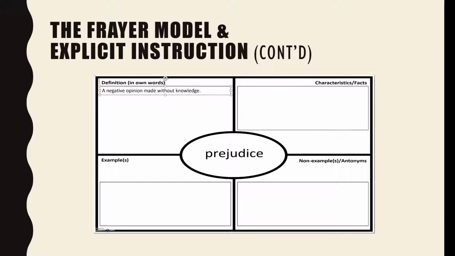Good. A negative opinion made without knowledge. Very good. So now we'll move over to the next box, and here we list out characteristics and facts about prejudice. Now that you have a definition in your own words, can you come up with some words or phrases that you can associate with prejudice?